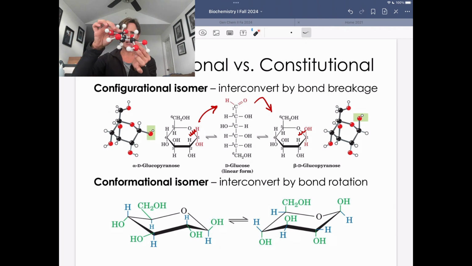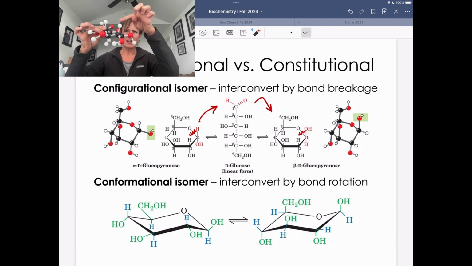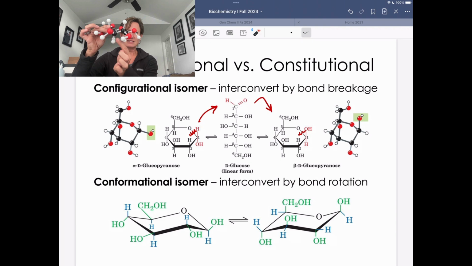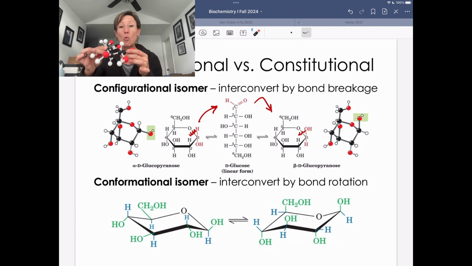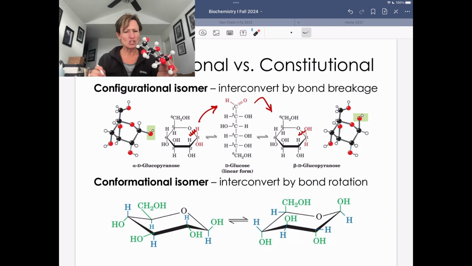Now, what I want to do here is a chair flip, and I want you to see what happens. Right now, maybe you can see I have axial and equatorial positions. Axial, equatorial, axial, equatorial, okay? What we see in a Haworth projection is not axial and equatorial.